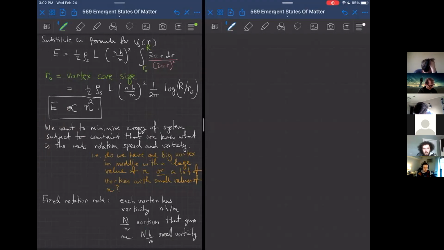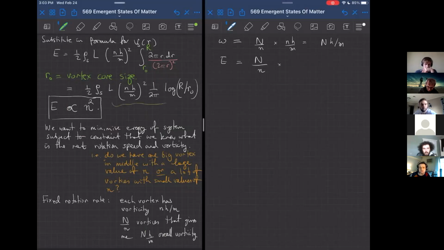If I have that situation, then the angular velocity is going to be N over n, which is how many vortices I have, times the vorticity that each one has. So that's N h over m, which is what I wrote down before. And the total energy is equal to N over little n, how many vortices I have, times this number here.